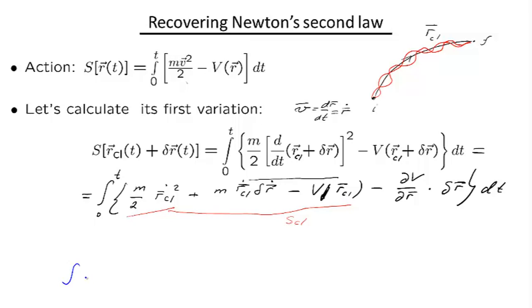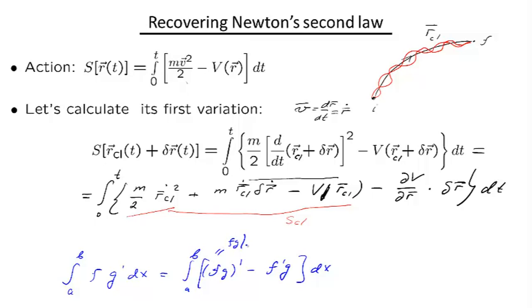If we have an integral from a to b of a function f times g prime dx, we can write it as the derivative of everything, f g prime minus f prime g. Here I have the full derivative, and I can calculate the value of the functions at the limits, and essentially move the derivative from the function g to the function f.